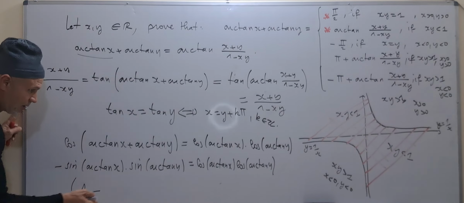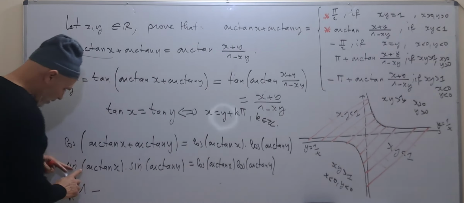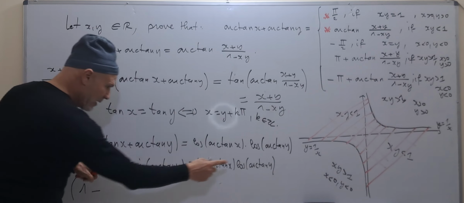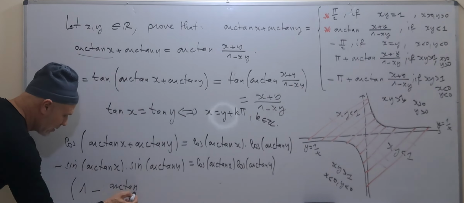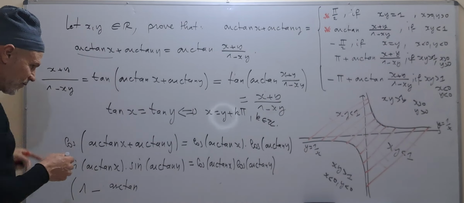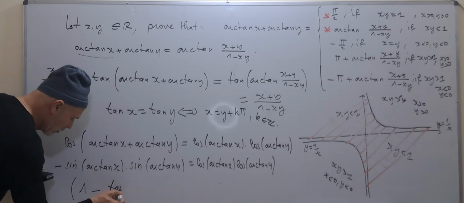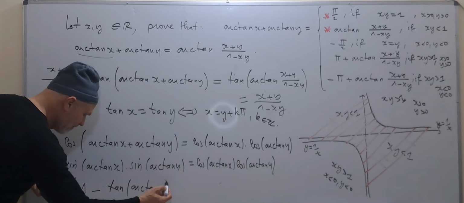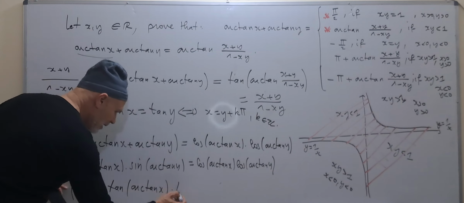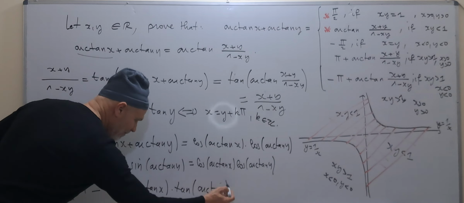times 1 minus, we divide the sine by the cosine for both of them, this sine by this cosine and this sine by this cosine, we get here tangent of arctangent x times tangent of arctangent y.